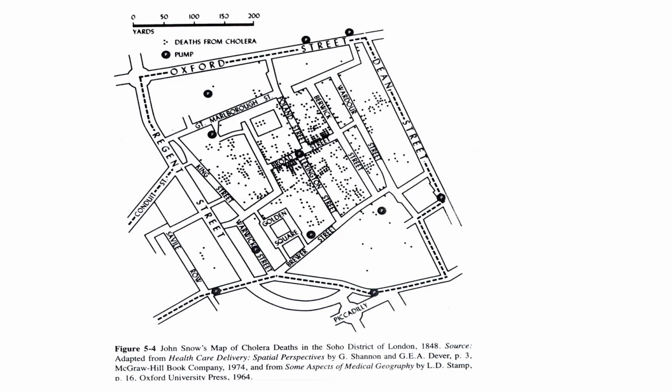When he looked at the distribution of the cases in these places and the water pumps, he discovered that most of the cases are clustering around the water pump in Broad Street that we can see in the middle of this map.